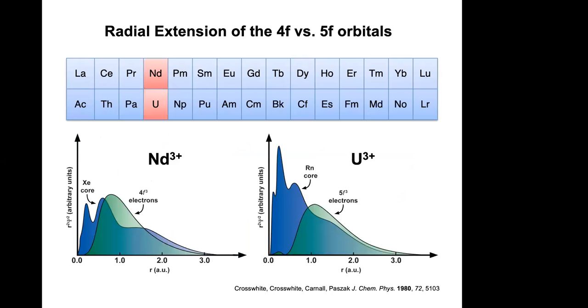Really important for the reactivity and bonding of lanthanides is to recognize that their valence F electrons tend to be actually buried within the core electron density. So normally the core electrons don't participate in bonding. They're very contracted.